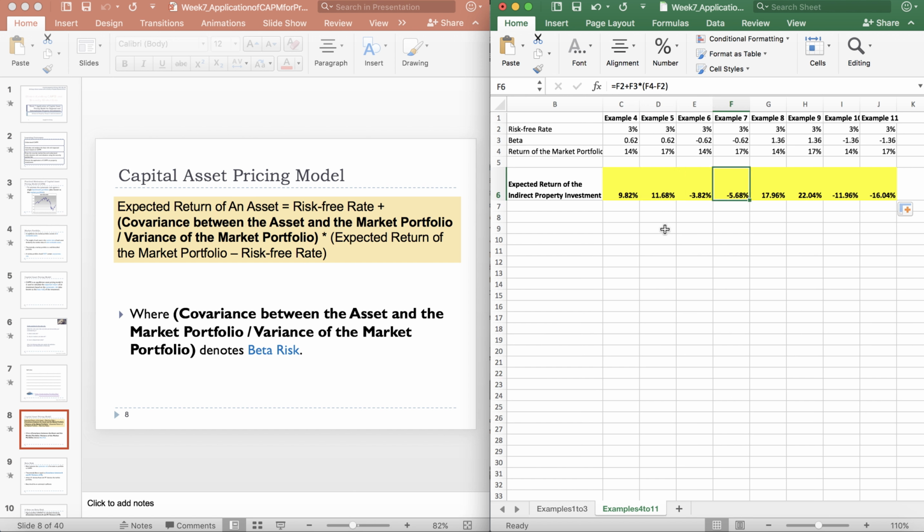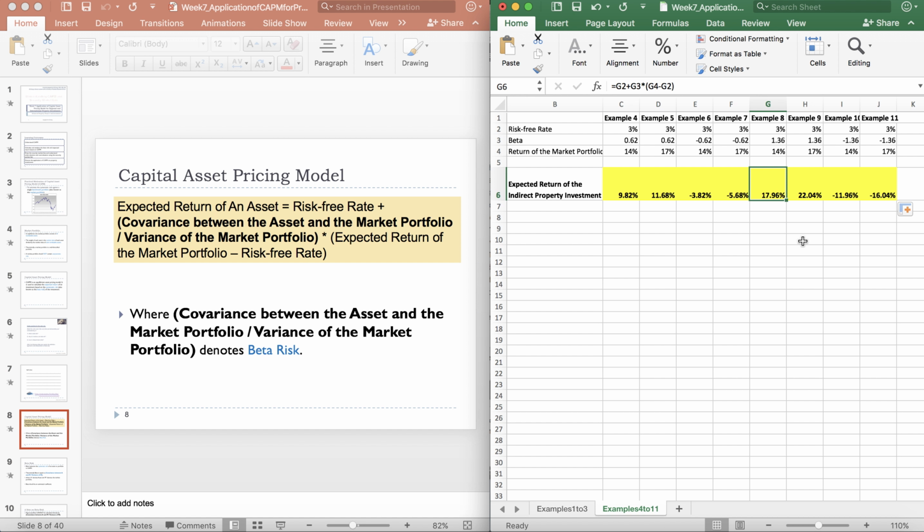On the contrary, for other investments that have beta risk larger than 1 or smaller than -1, we will find that they are more sensitive to changes in the performance of the market portfolio.